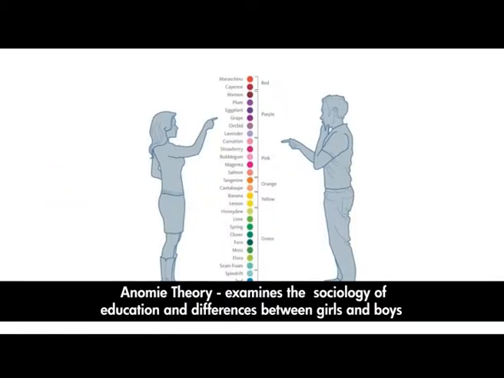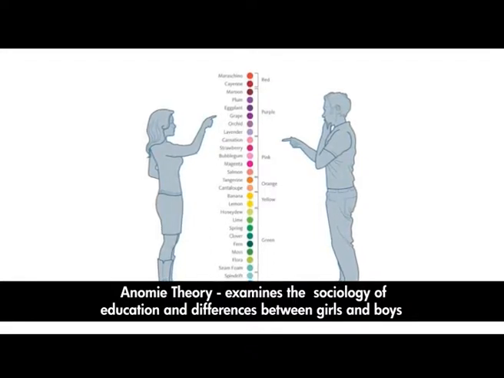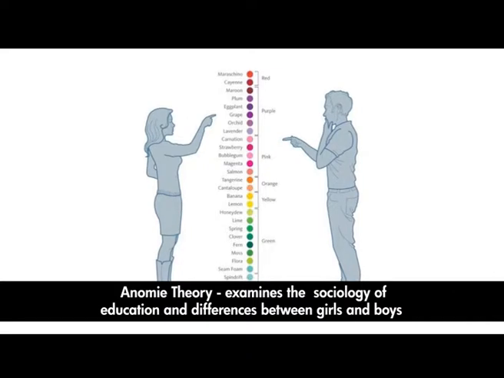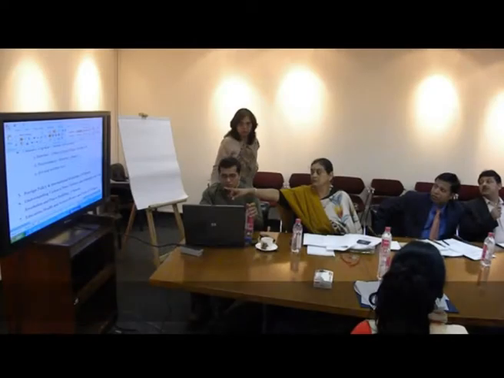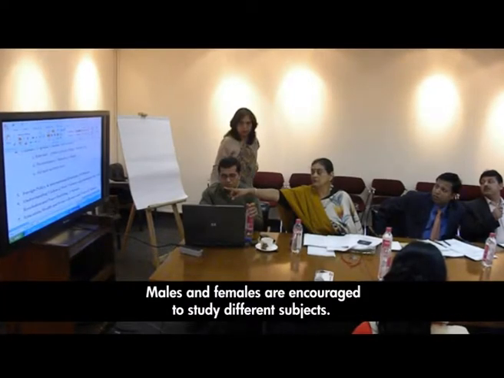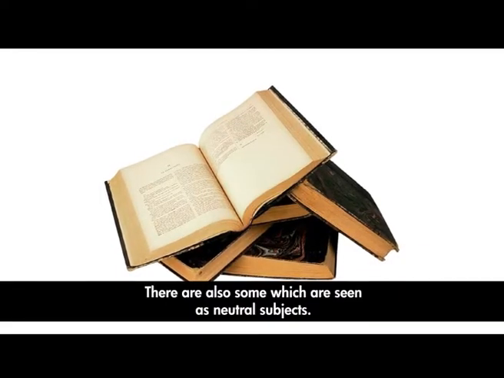The anomie theory examines the sociology of education and looks at differences between girls and boys to illustrate various outcomes of the hidden curriculum. The focus has moved away from educational performance to a less apparent manifestation of the hidden curriculum, the gendered curriculum. Males and females are encouraged to study different subjects. Some subjects are seen as male subjects and vice versa. There are also some which are seen as neutral subjects.